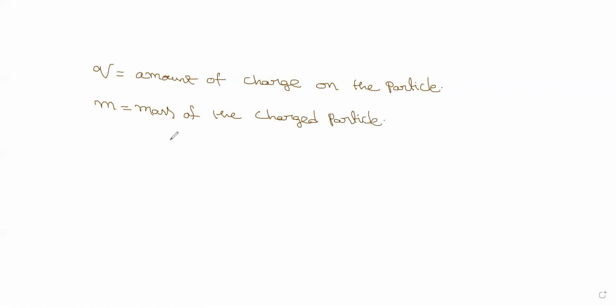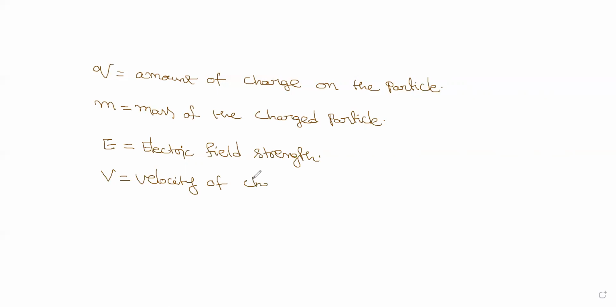And the next one is that E is the electric field strength. V is the velocity of the charged particle.